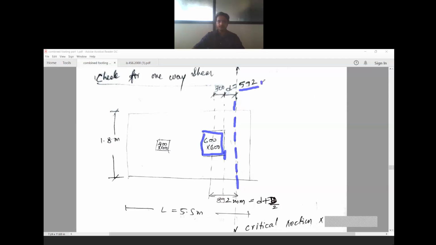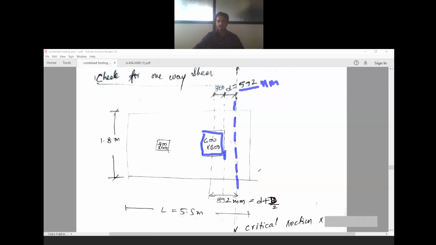592 mm. From the face of the column, up to a distance of the effective depth d, 592, we will have the critical section for shear action.